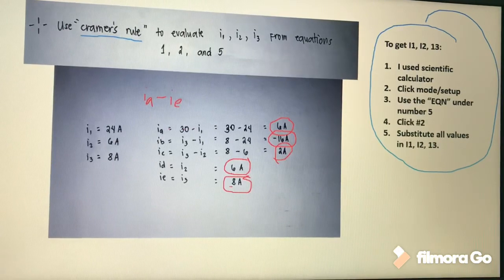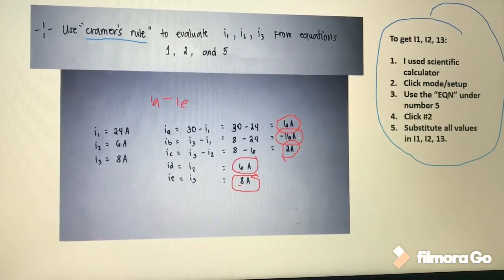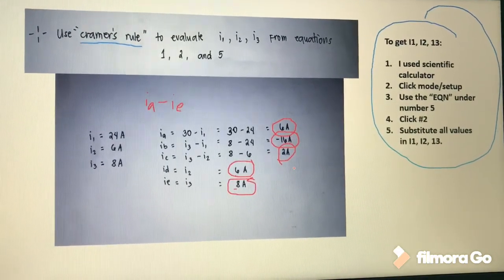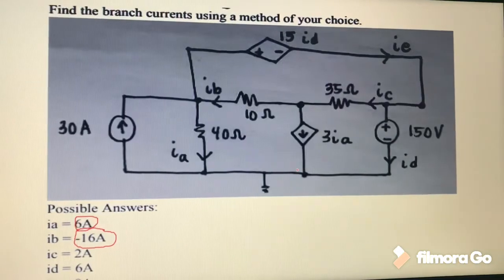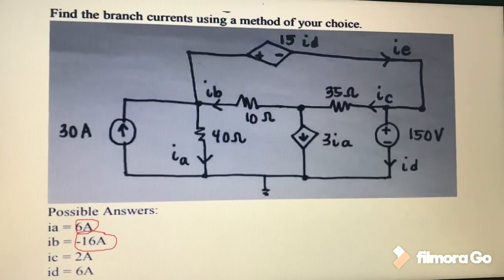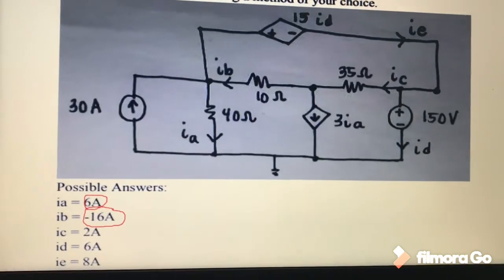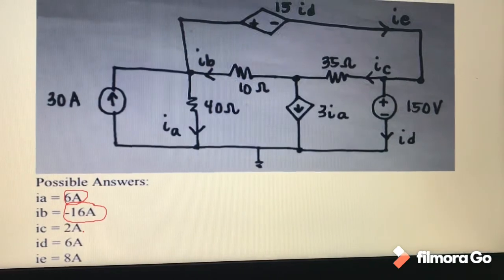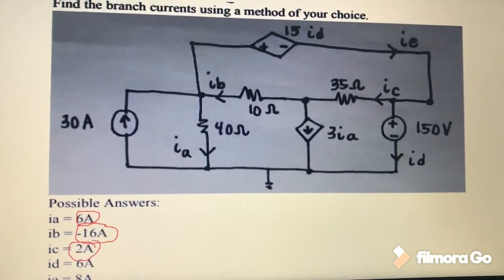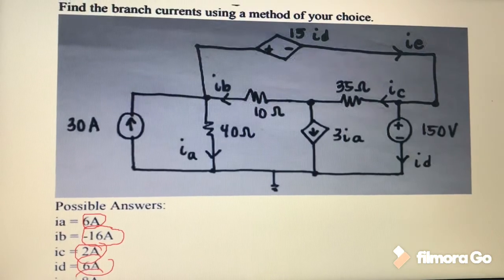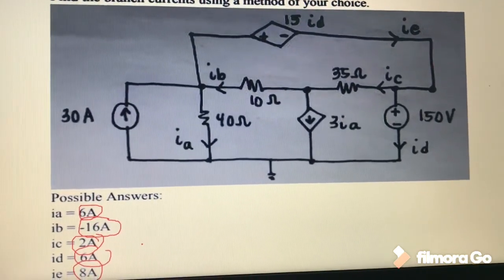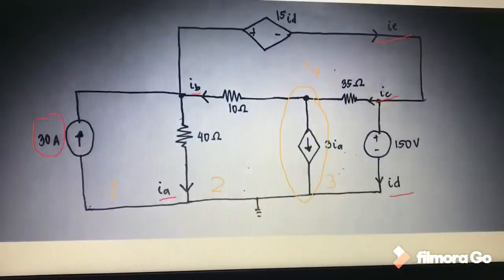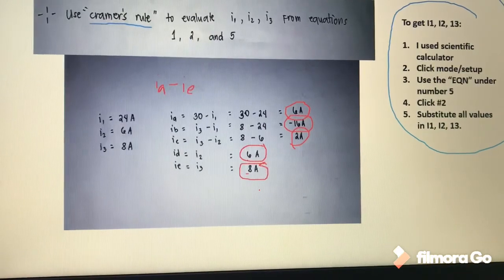So the answers are 6A, negative 16A, 2A, 6A, 8A. So let's check if our answers are the same. So 6A, negative 16A, 2A, 6A, and 8A. So our answers are the same with the possible answers given. Thank you for watching.